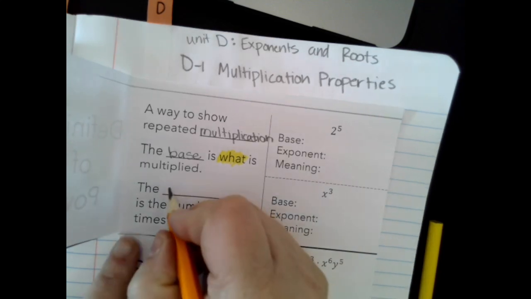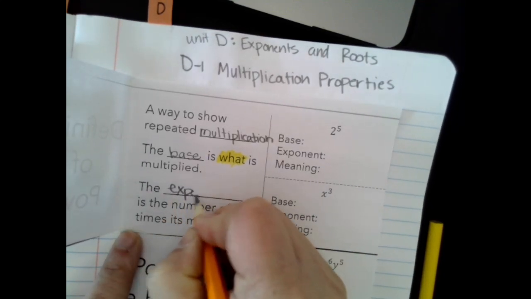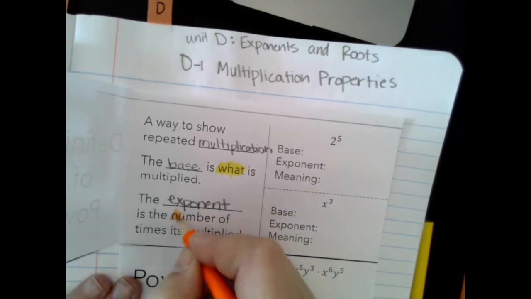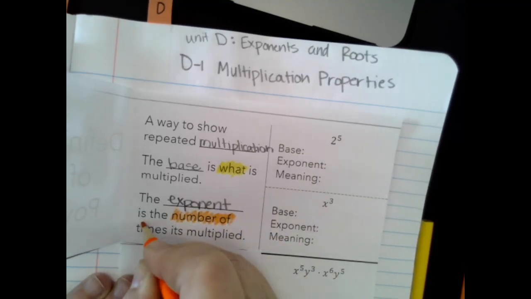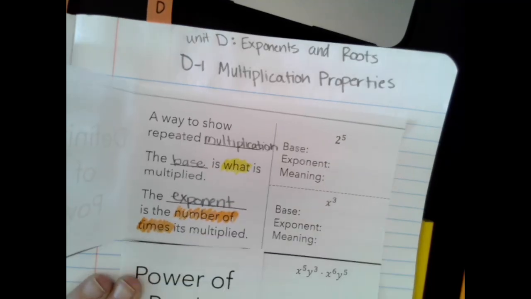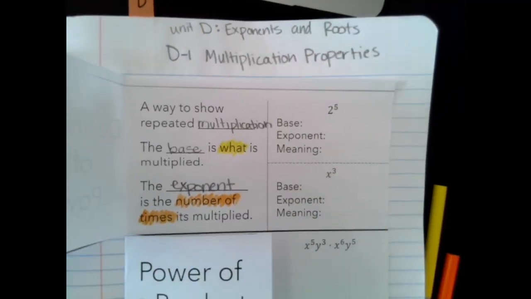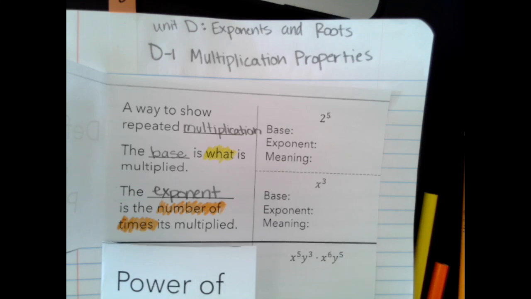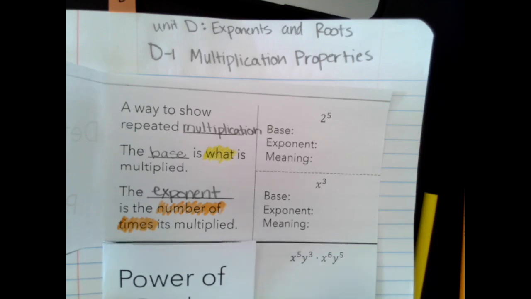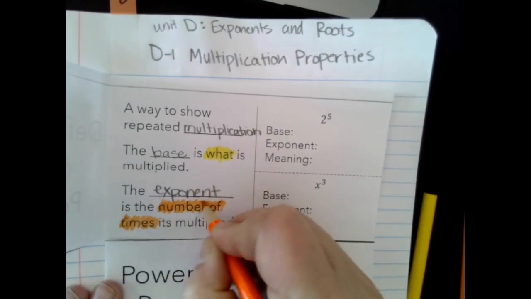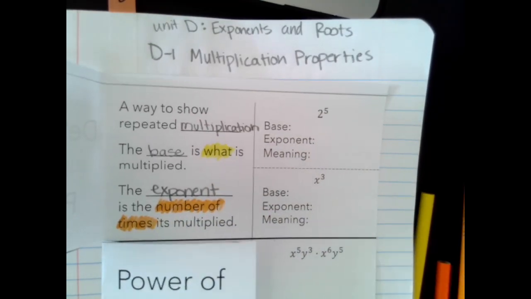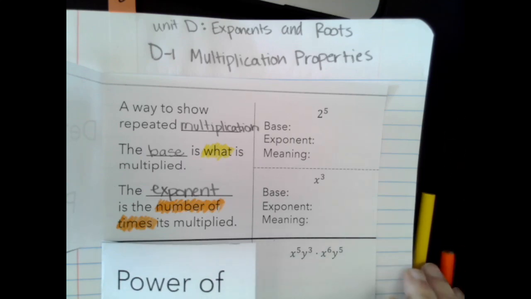And the exponent is the number of times that it's being multiplied. So the whole thing is called a power.